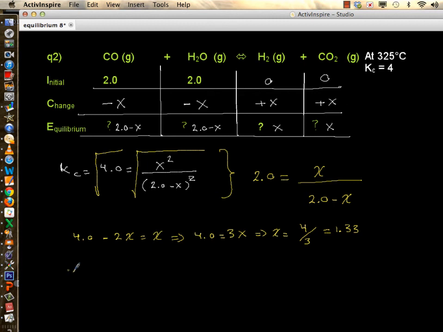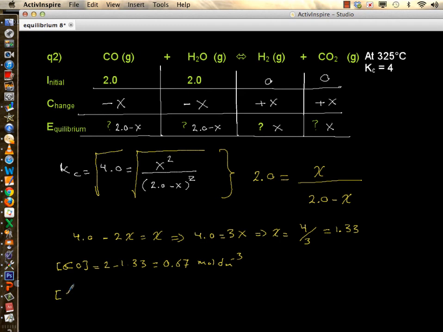Now let's just plug in. So the equilibrium concentration of carbon monoxide is 2 take away 1.33, which happens to be 0.67 mole per decimeter cube.